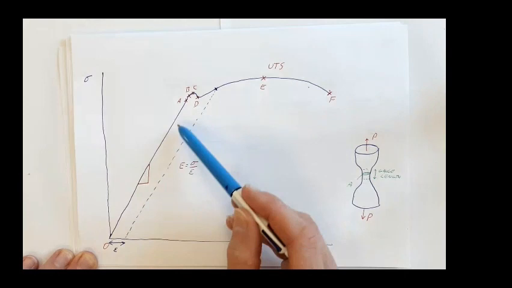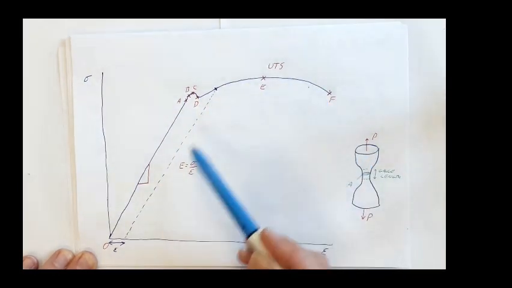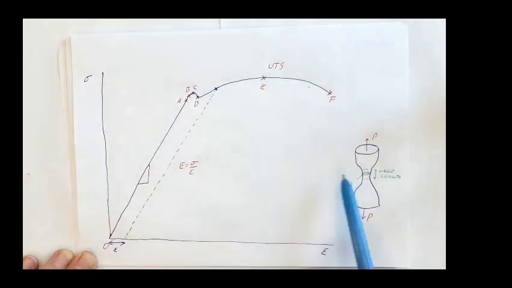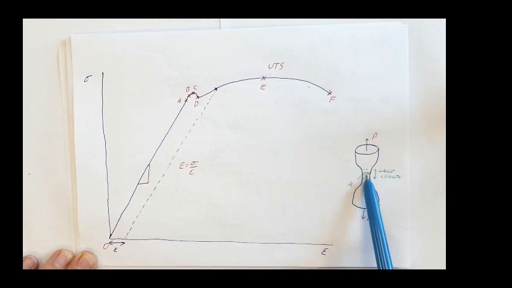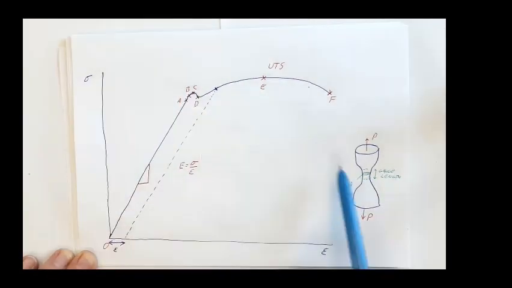Actually, what we're measuring here is not true stress strain. It's called nominal stress or engineering stress, because we're using the original cross-sectional area to work out the stress. Stress is force over area.